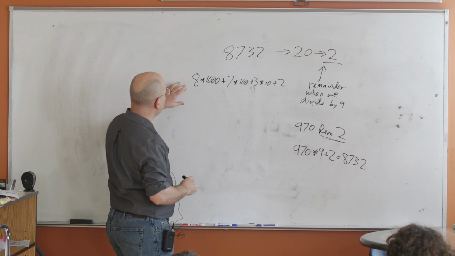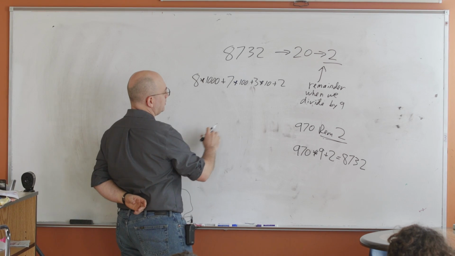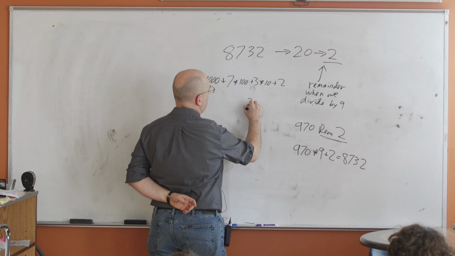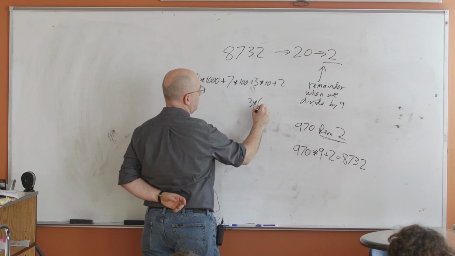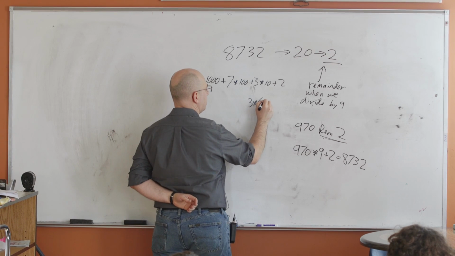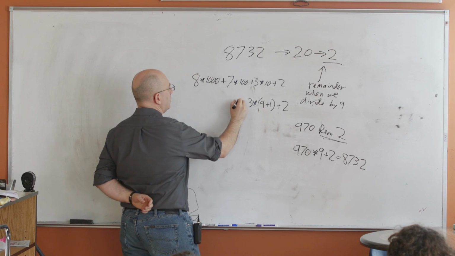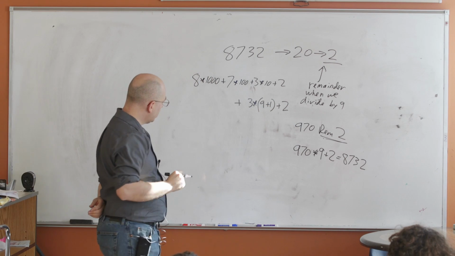But now, how does 9 appear? Well, 10 is very close to 9. It's 9 plus 1. What about 100?